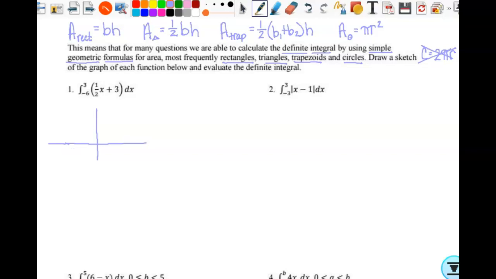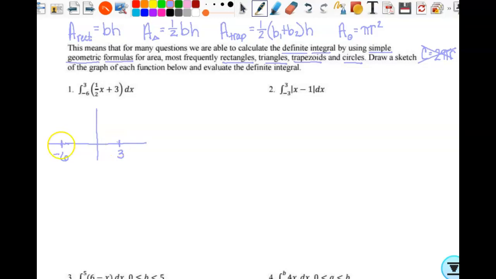All right, so we're going from -6 to 3. Okay. So this is my A, this is my B. Make sense? All right. So then I need to know what my function looks like when I graph it. It's a line. So I can use my y-intercept and whatnot, but for a line I only have to have 2 points.